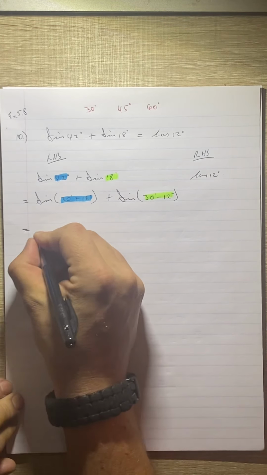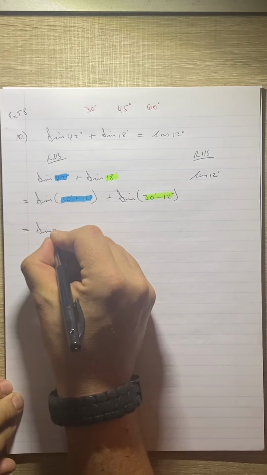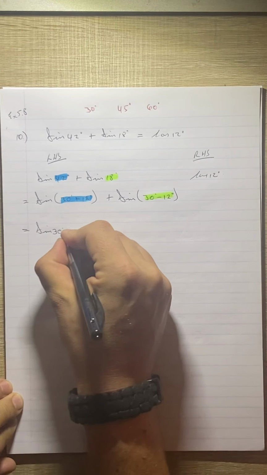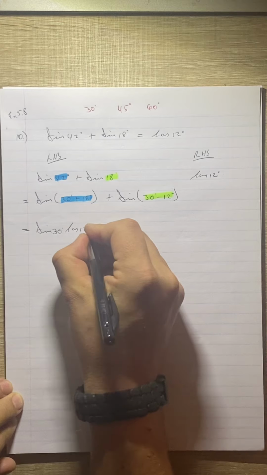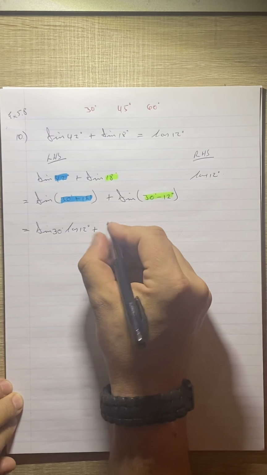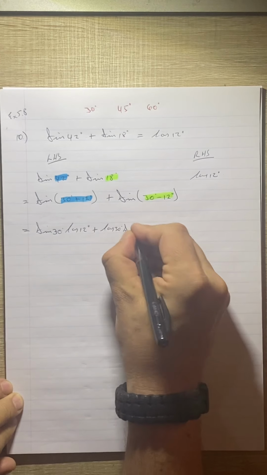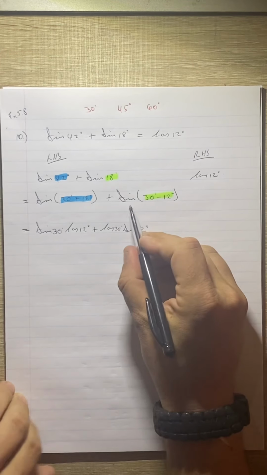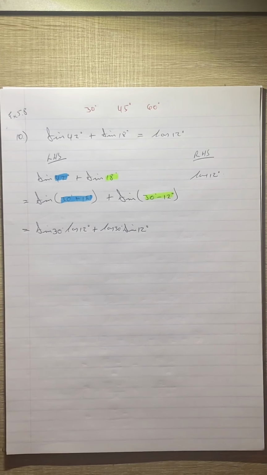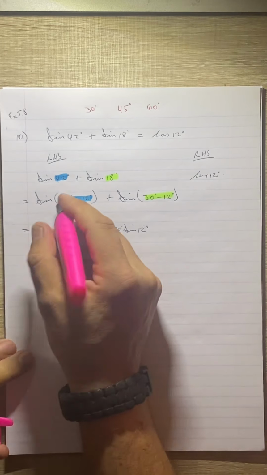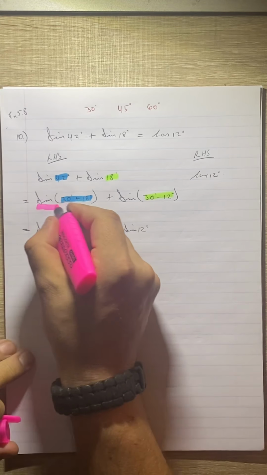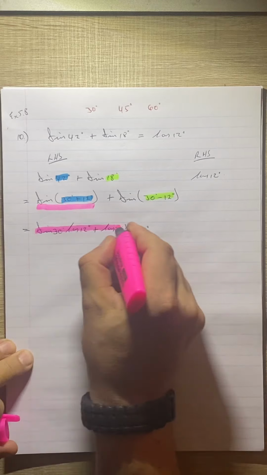So this first one will become sine 30 cos 12 plus cos 30 sine 12. If I expand this one, let me just color code these for you. So this one became that one.